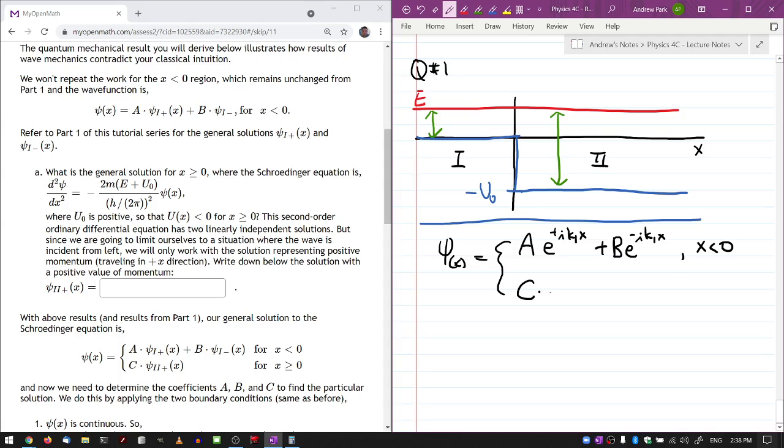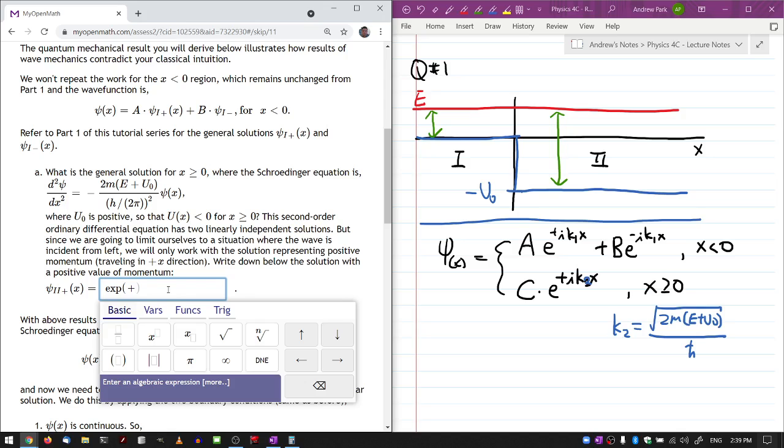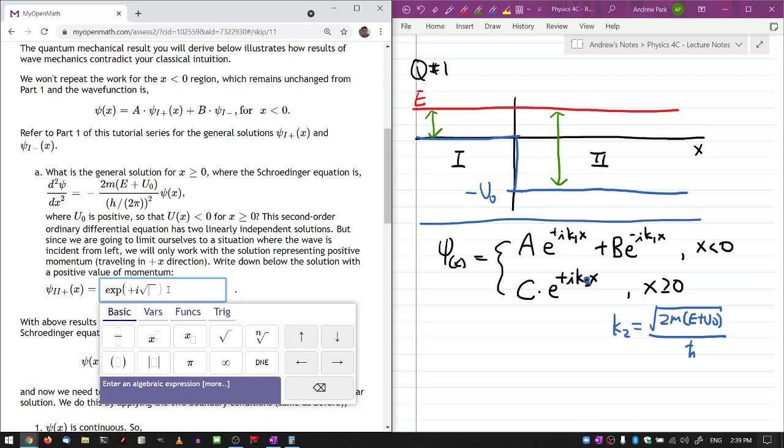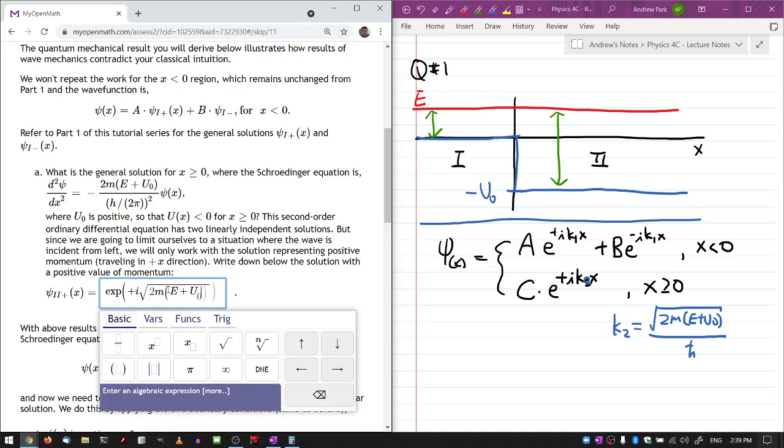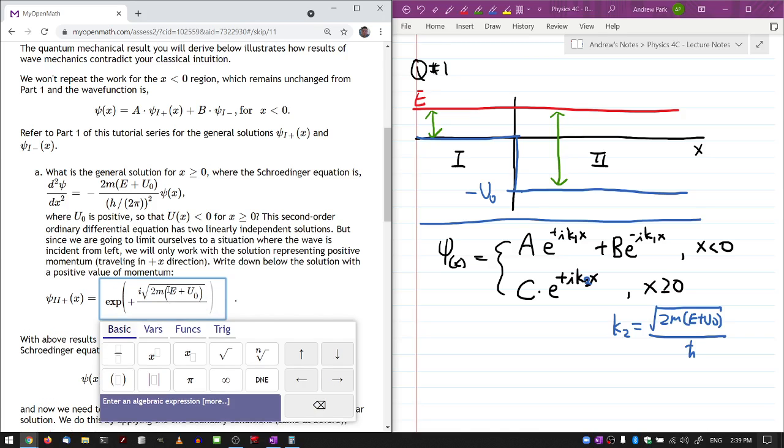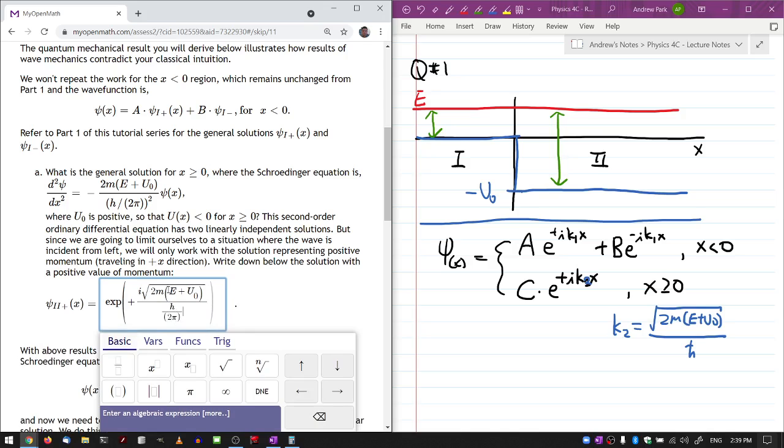So this is C times e to the plus ik2 x for x greater than or equal to 0, where k2 is the square root of 2m (E plus U naught) divided by h bar, or h over 2 pi, times x.